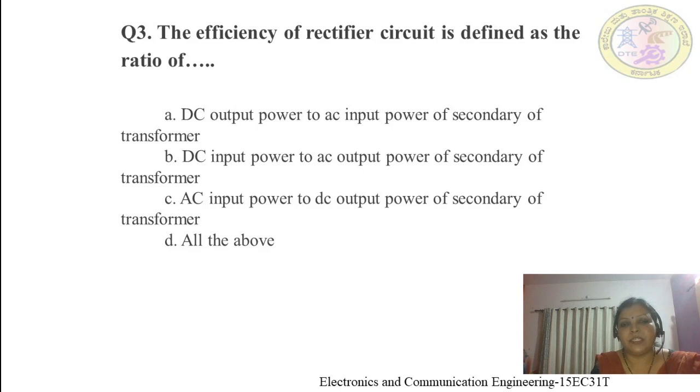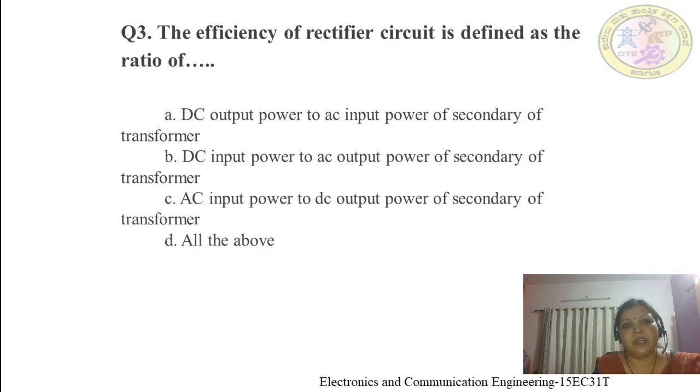Output is DC. You should always keep in mind that in any kind of rectifier, output is DC and input is AC. If we consider voltage or power, we should be careful, because if you change voltage and current, that changes the definition.